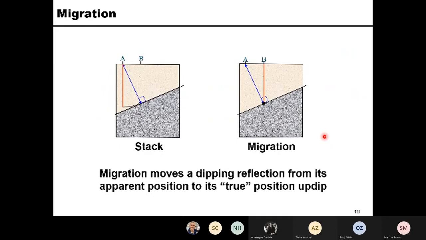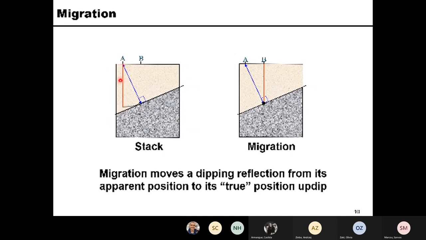So the purpose of migration is this: if we have a stack section, again, stack section is in the data space, right? In data space, you have your point A, source receiver point at A. Actually, you have a data underneath here, right?